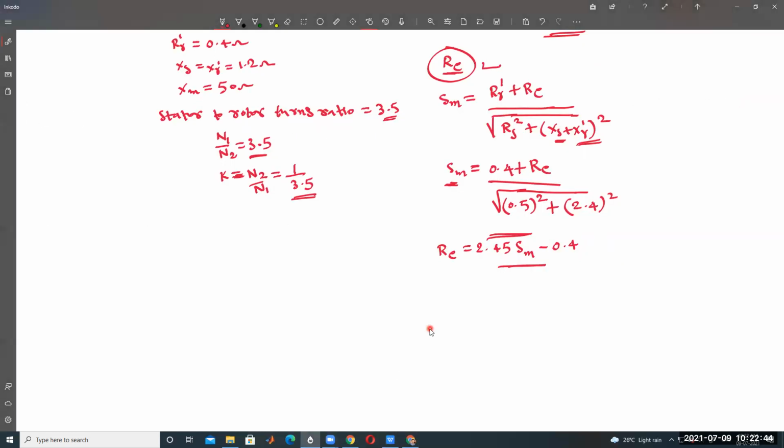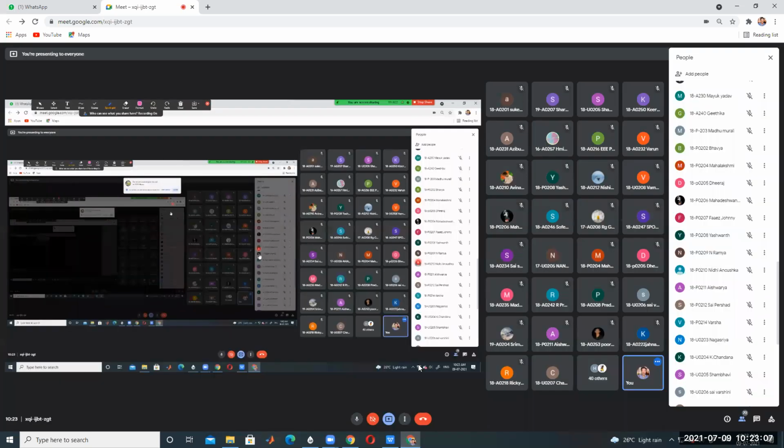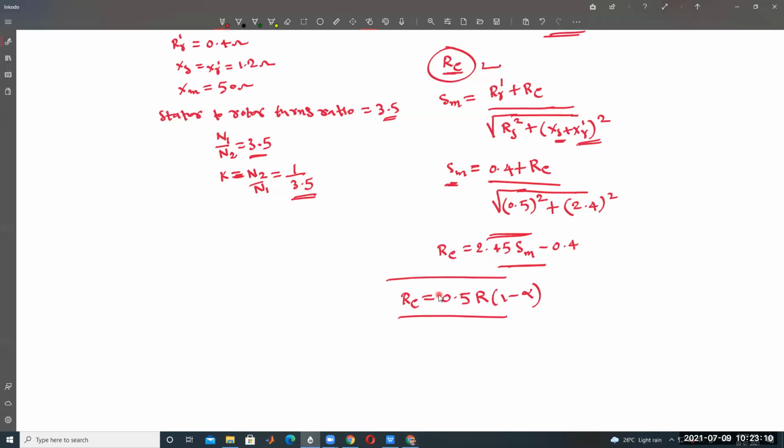RE is equal to 0.5 into R2 into (1 minus alpha), the external resistance inserted in the rotor circuit of a slip ring induction motor.